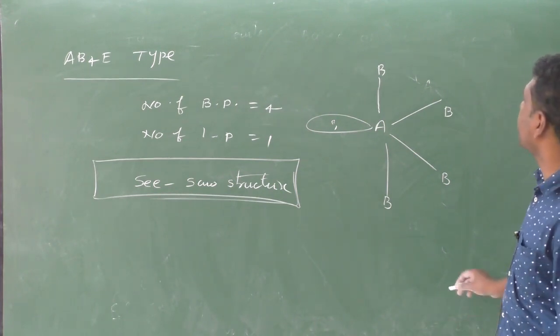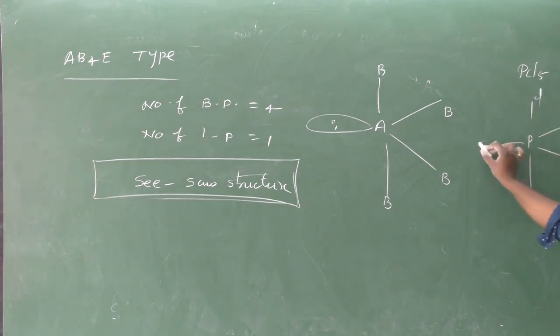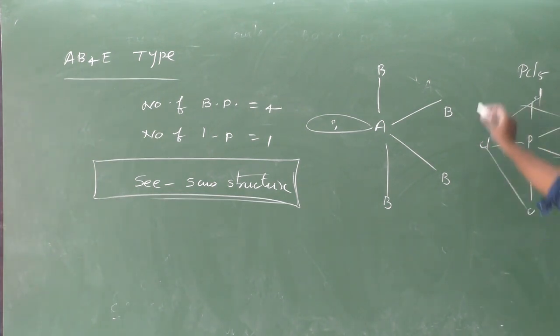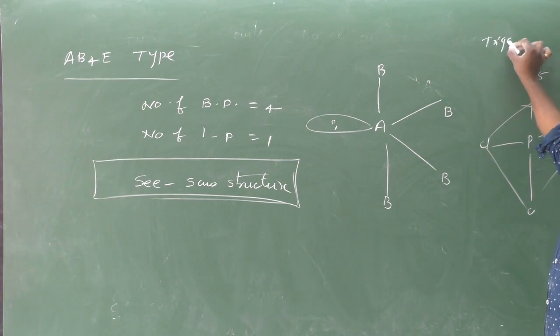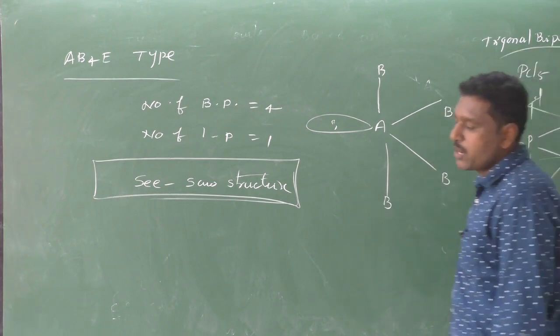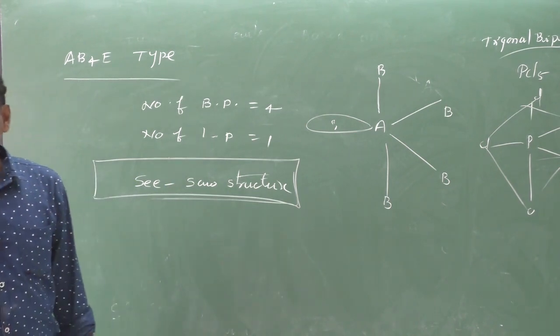Observing PCl5, P with chlorine here and here also chlorine, the structure is called trigonal bipyramidal.